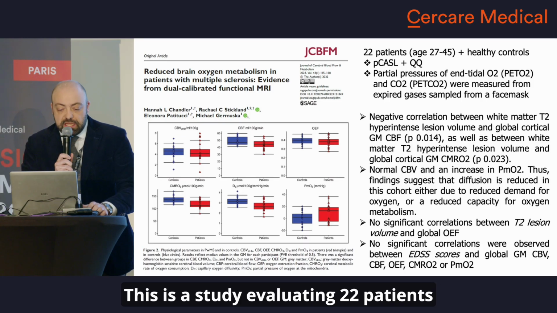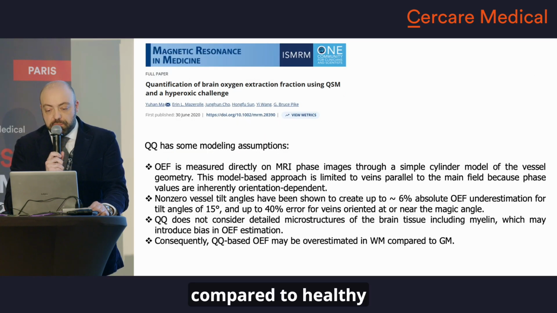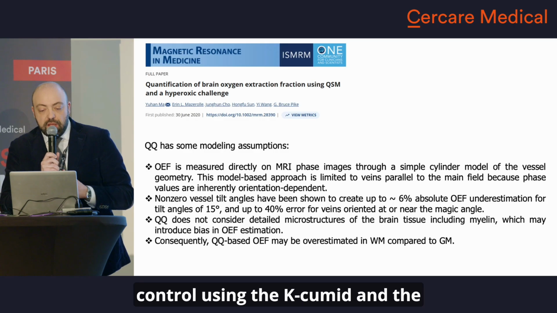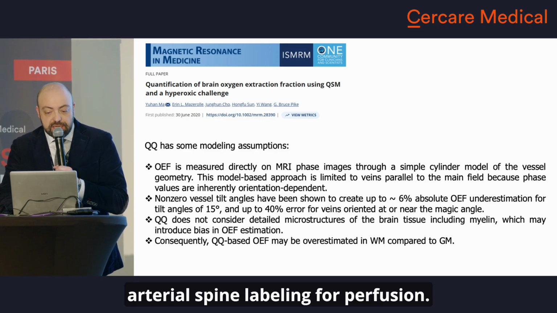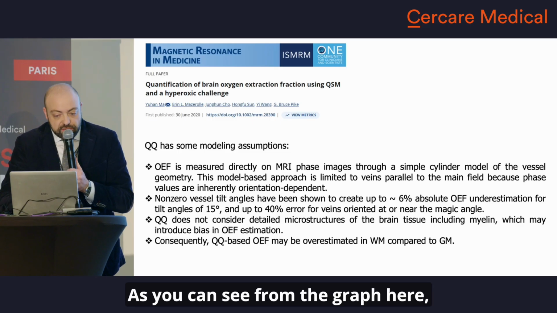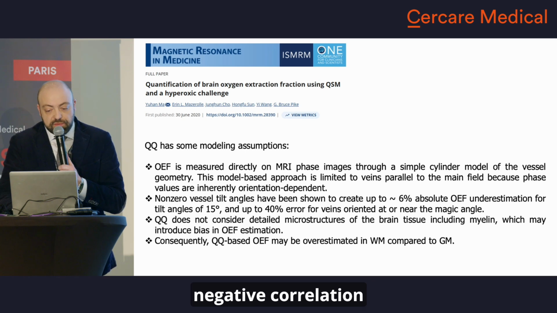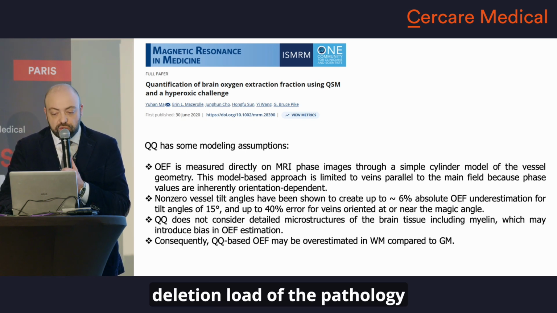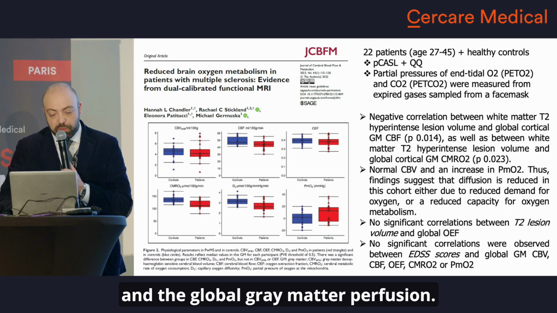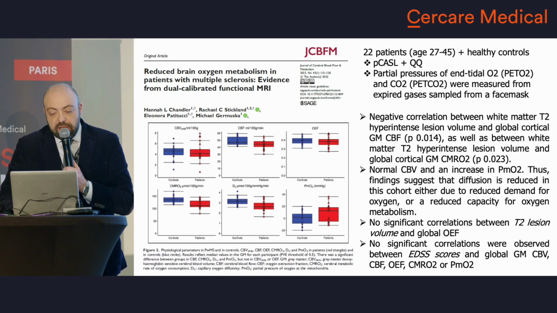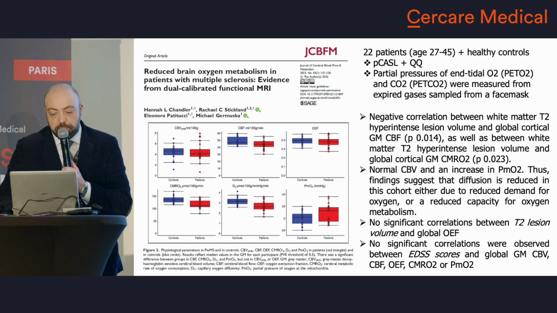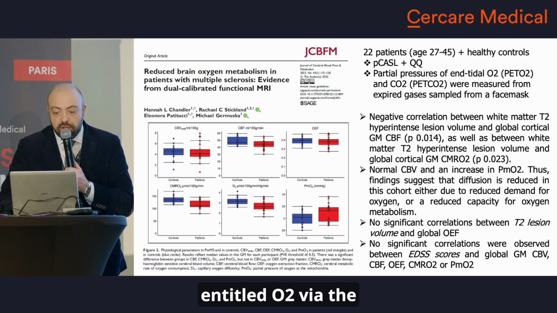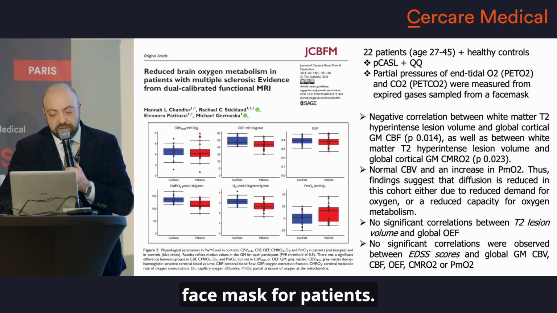This is a study evaluating 22 patients compared to healthy controls using the QUO method and arterial spin labeling for perfusion. As you can see from the graph here, the study found a negative correlation between the lesion load of the pathology and the global gray matter perfusion, as well as the CMRO2, measured also using end-tidal O2 via a face mask for patients.